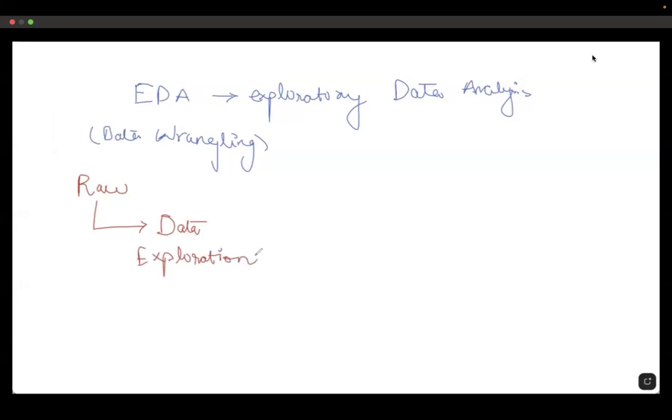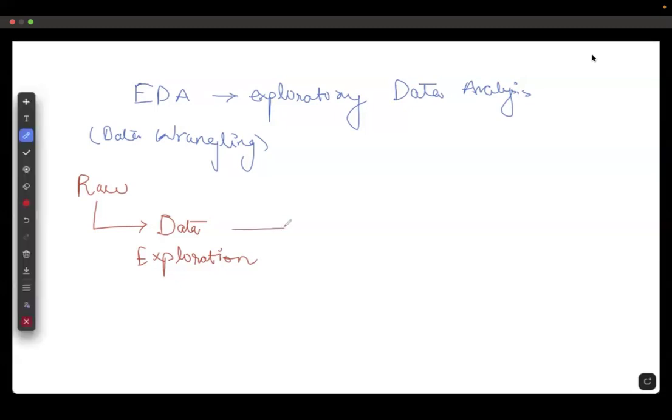Okay. Once data exploration is done, what is data exploration? As I told you, understanding of data, right? How, what are the insights? What type of feature it is containing? How many number of features are numerical in nature? How many of them are string type of data? Such type of understanding falls under the category of data exploration.